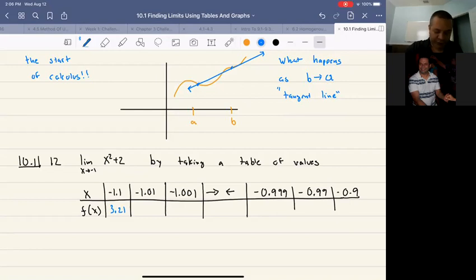For -1.01 squared plus 2, I get 3.021. For -1.001 squared plus 2, I get 3.002001. Ooh, running out of space.